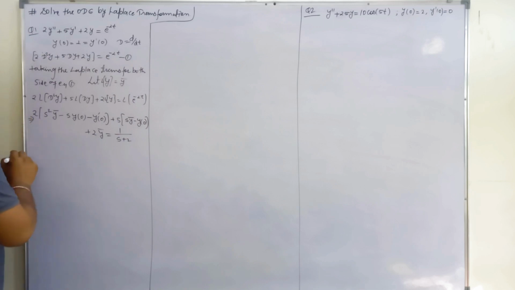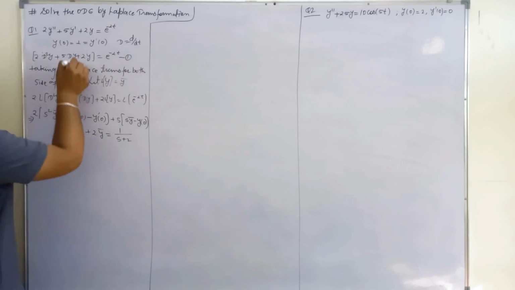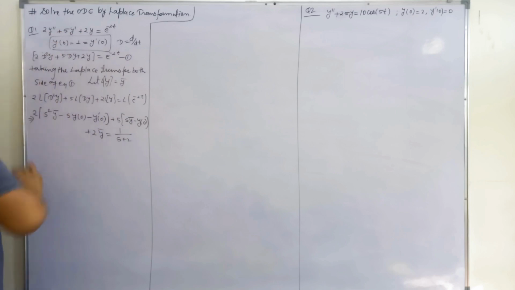Now we have this equation, and we put in the IVPs. We have the condition that these two values are 1.